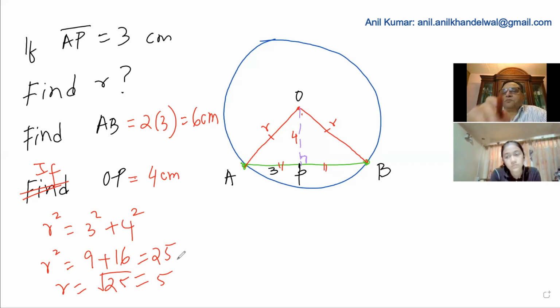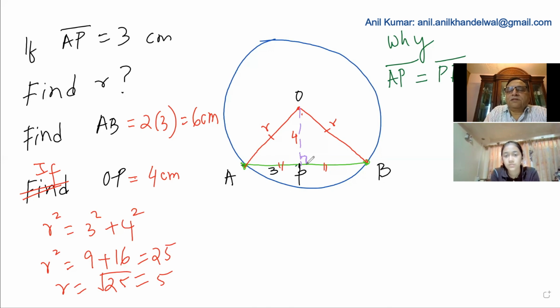Now my question comes back to one thing: why is AP equal to PB? You said AP is equal to PB. Tell me why. Because it is a 90 degree angle. You have to prove why. Because it is given that it is a right angle triangle, so both sides will be the same.